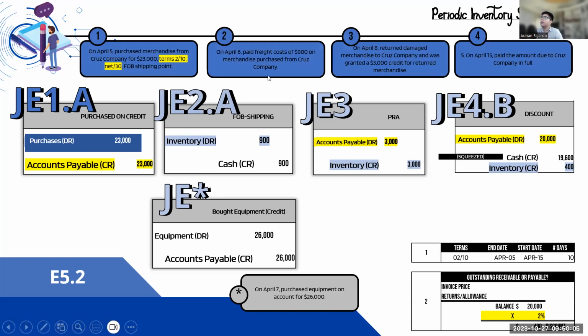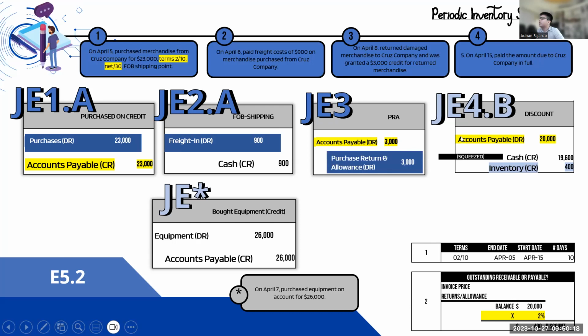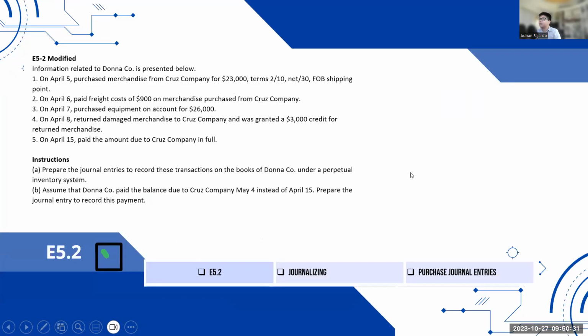In journal entry number 2, instead of inventory, we will write freight in of 900. Journal entry number 3, instead of inventory na credit, purchase returns and allowance. In journal entry number 4, purchase discount. So this is how you turn your perpetual into your periodic. Same journal entries, nag-iba lang yung name ni inventory. And with that, you're done mastering the purchase journal entries.